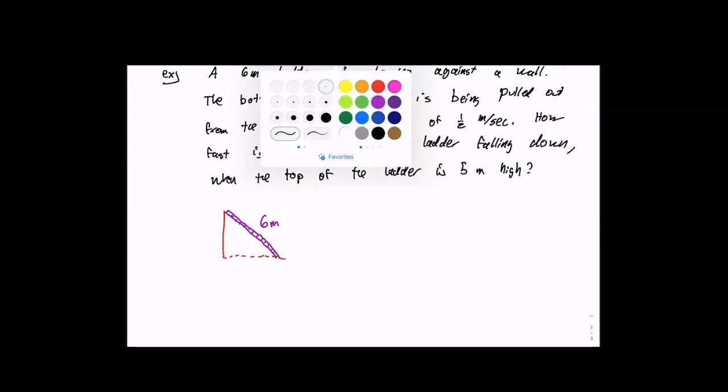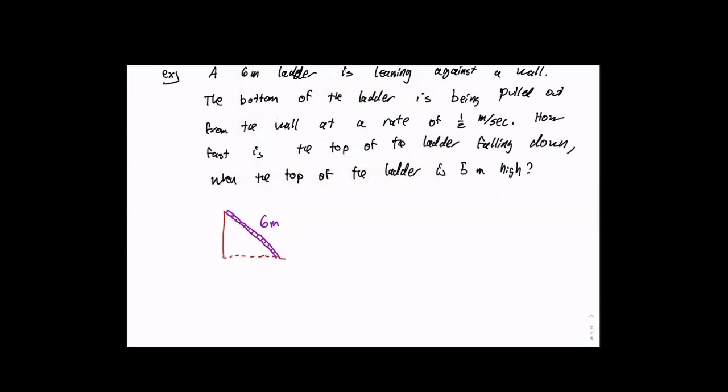Let me label my other variables. If you wanted to label this as Z, you could have done that, where Z is a constant 6 meters. I always like to write that down. Always identify your constants. And I have to label my other sides, all right?